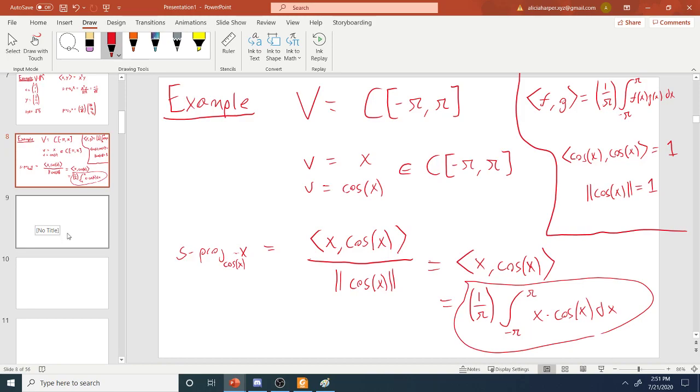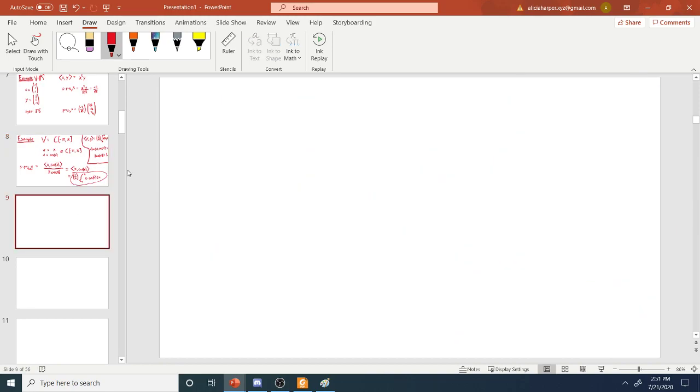So let's see how this computation goes. 1 over pi times the integral from negative pi to pi of x cosine x dx.